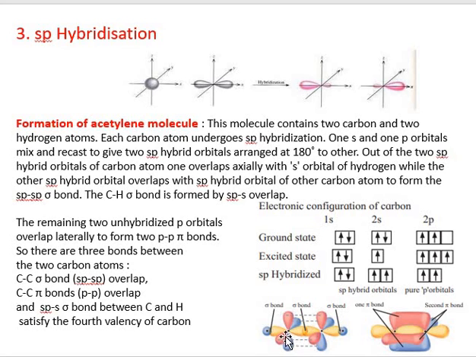Another sp orbital of this carbon atom forms a sigma bond with this hydrogen atom, and this carbon's sp orbital will form a sigma bond with the 1s orbital of the hydrogen atom. This is how sp hybridization happens in carbon when it is present in the acetylene molecule, and the bond angle is 180 degrees and you are seeing the geometry is linear.